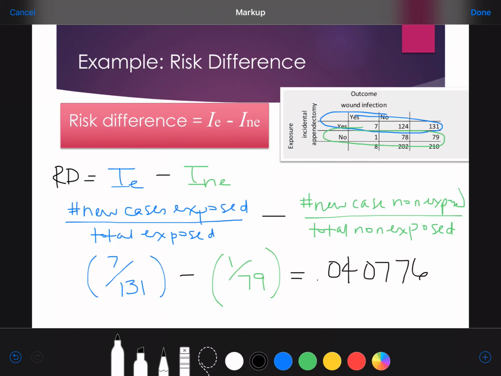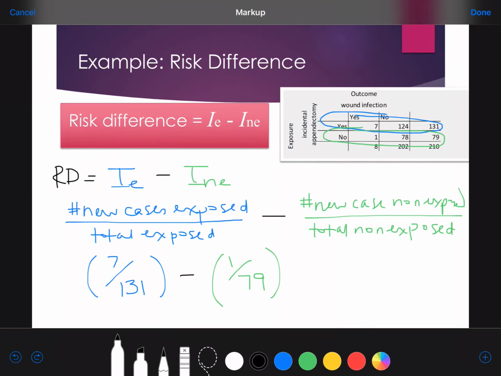So as a result, typically when we're calculating risk differences and population risk differences, we'll have a multiplier. In this case, our multiplier for all our other things was per 100, and so we'll do per 100 too. So our equation looks like this.